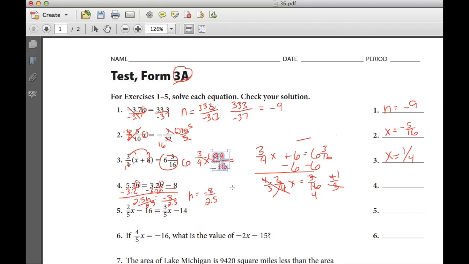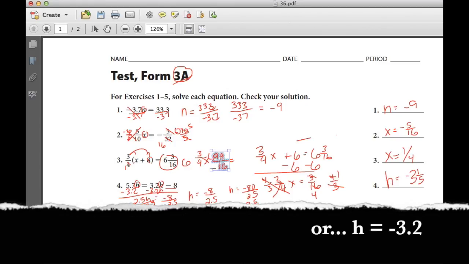And again, you could use a calculator, but in this case, we're just going to work it out as h equals negative 80 over 25. And then we can say 25 goes into 80 3 times with 5 left over. That's a negative, don't forget that. And then we can simplify that to h equals negative 3 and 1/5.